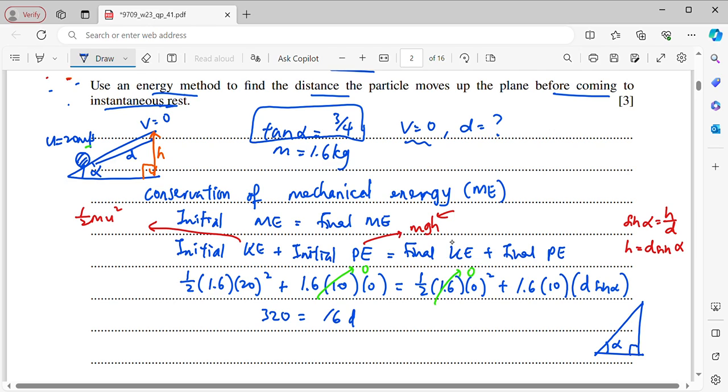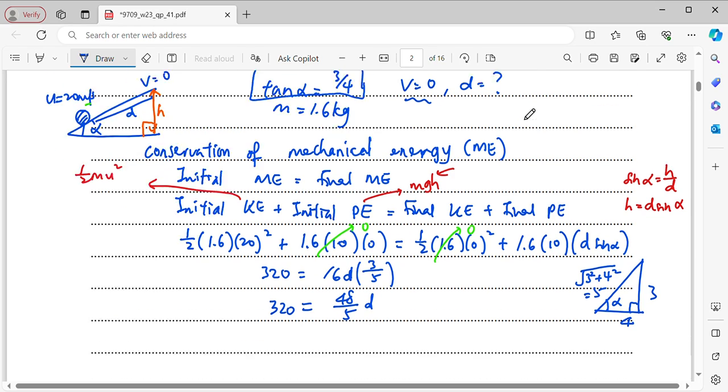That means opposite over adjacent, so the hypotenuse is the square root of 3 squared plus 4 squared, that is 5. So sine alpha is opposite over hypotenuse, 3 over 5. Then the right hand side is 48 over 5 d.